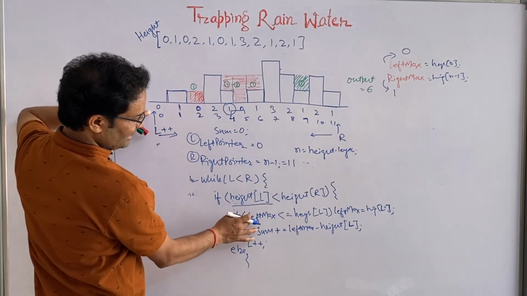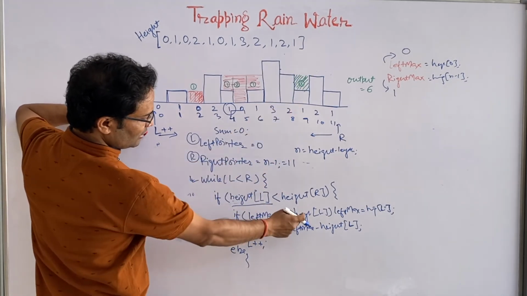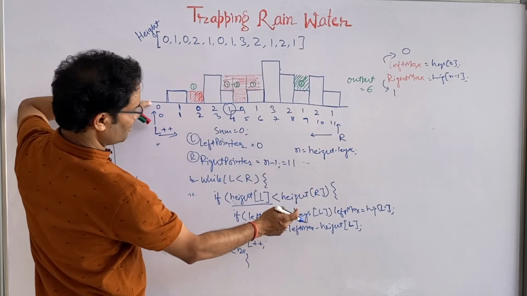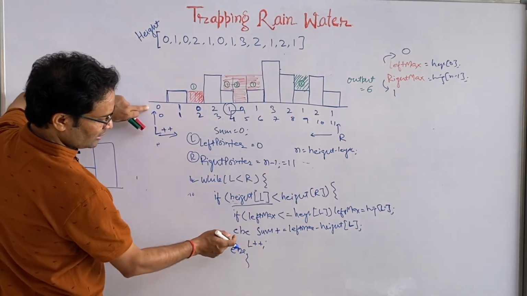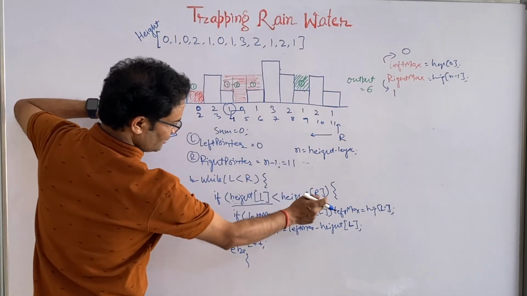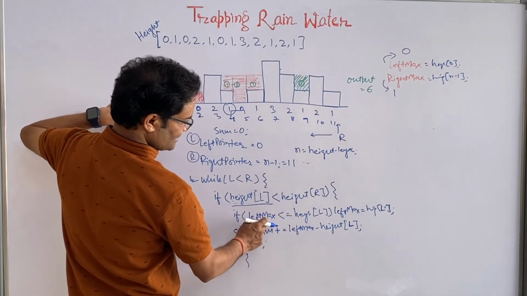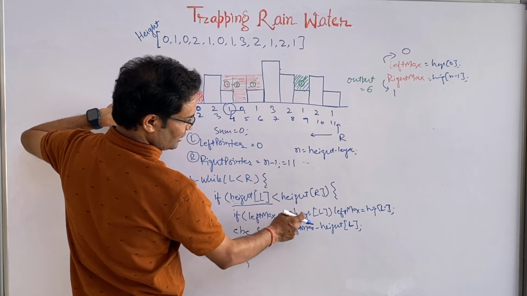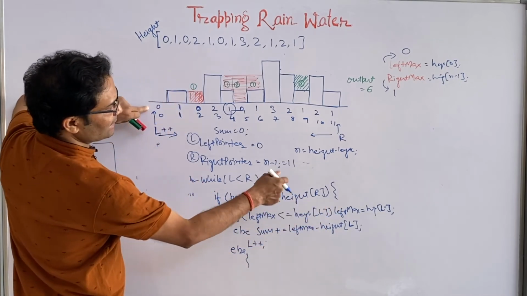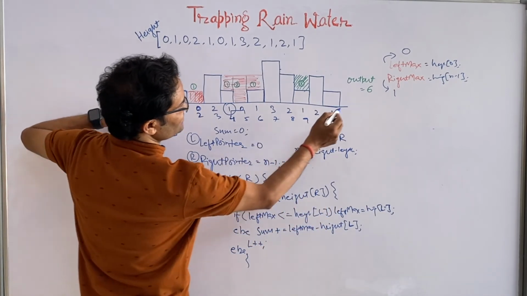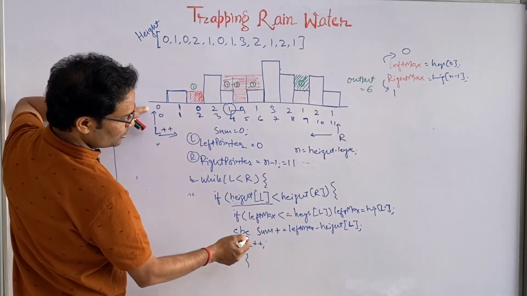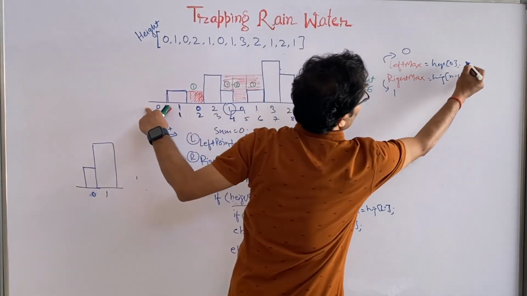We will come here, left max is 0, and what is the height of L? This is also 0. It is not going to work. So left max is equal to 0, height is also 0, condition is true. So in the left max I will put 0. Anyhow, left max is already 0, and right max is equal to 0 right now, right?